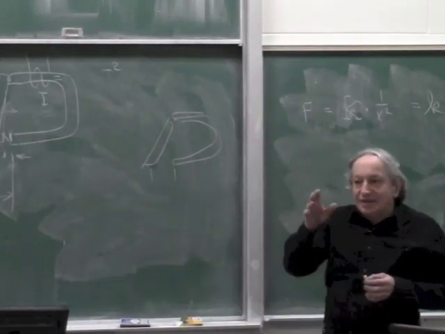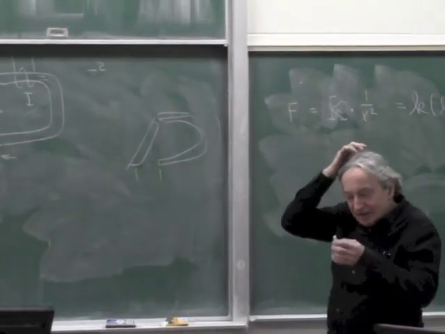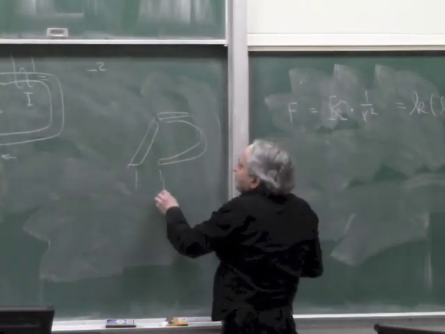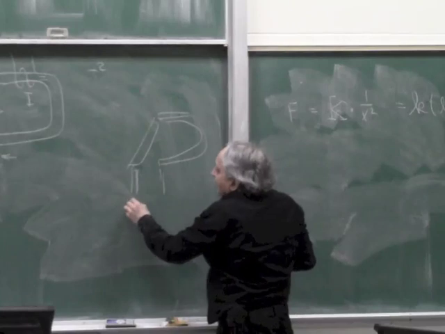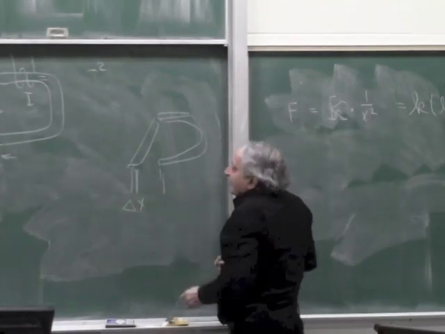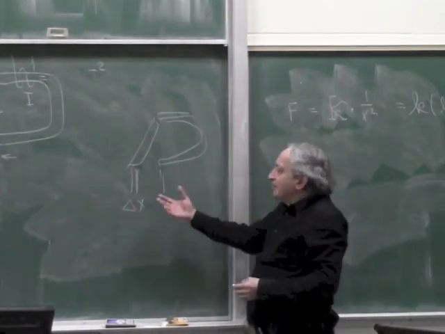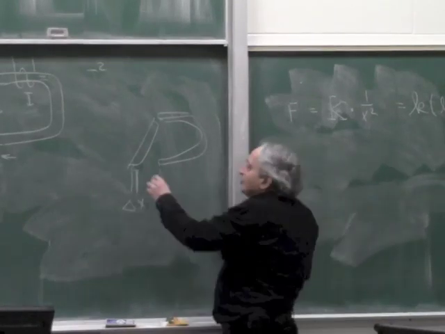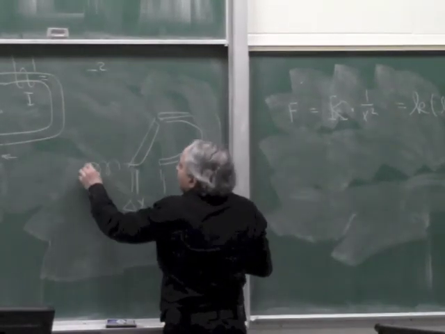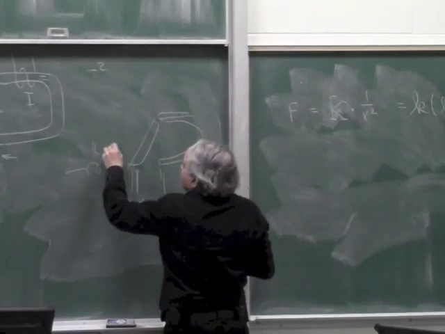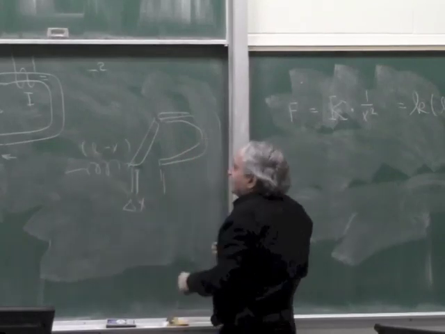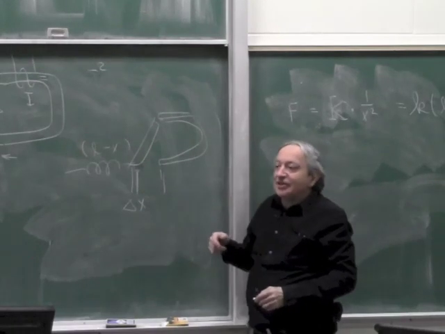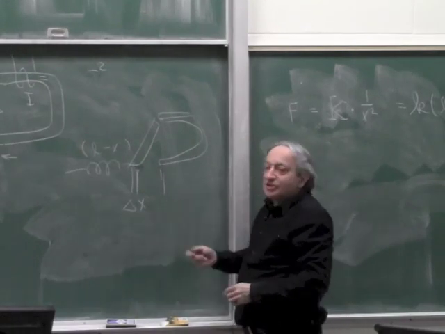Somebody answered correctly last week that when this gap is big and you change it by delta x, the increase in force is less than the increase in force of the spring. So if you have a spring and this is L minus x extension and this is x, and this is quite big, although it's inverse square, the change is actually smaller.